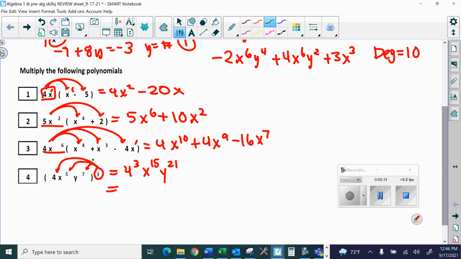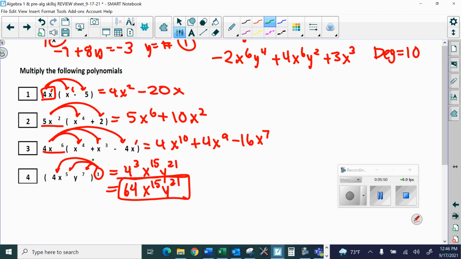And then I can't leave it as 4 cubed, because that's the smallest number I can put in the calculator, 64. x to the 15th, y to the 21st. Okay, so these are both the same answer, just written in different forms. This bottom one is the most common form it's written in.